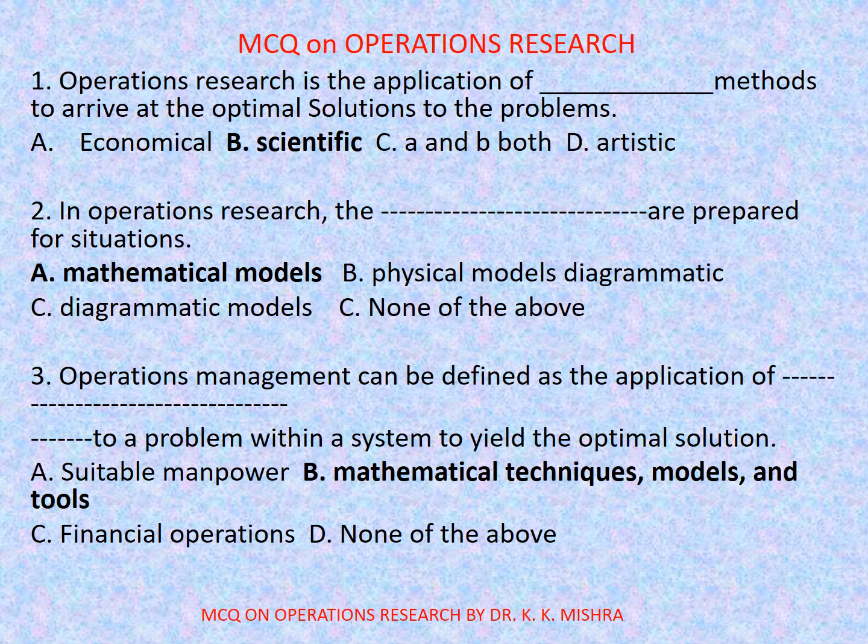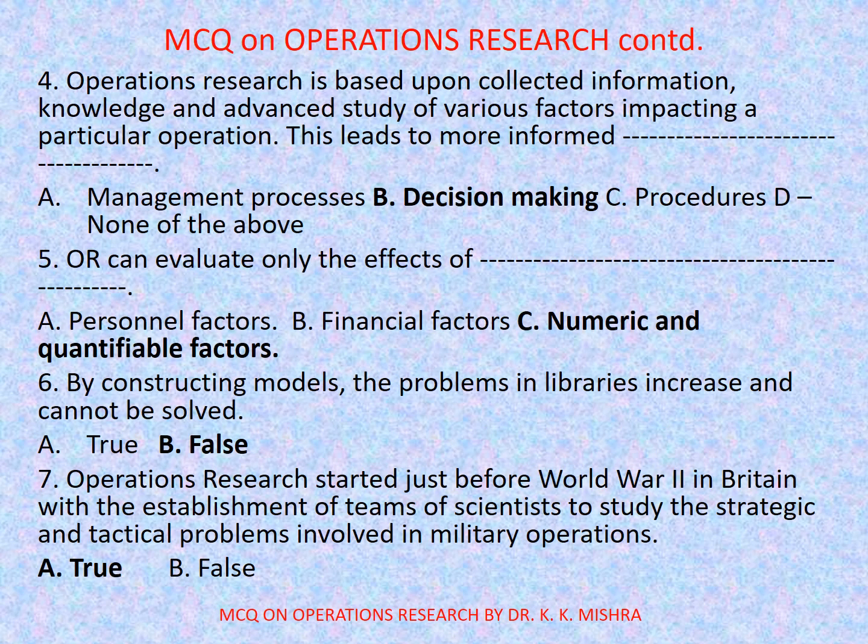Question number 3. Operations management can be defined as the application of dash to a problem within a system to yield optimum solution. Options are A. Suitable manpower, B. Mathematical techniques, models and tools, C. Financial operations, D. None of the above. Correct option is B. Mathematical techniques, models and tools. Question number 4.